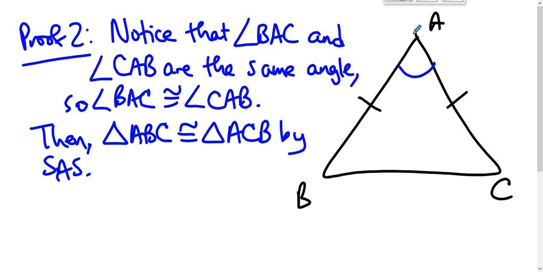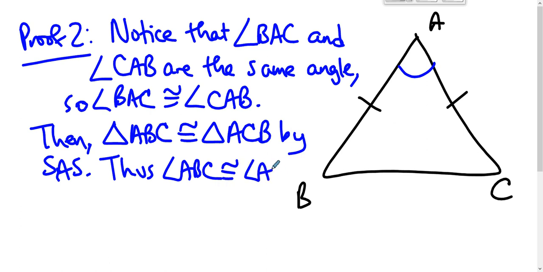Left side angle right side congruent to right side angle left side. In other words, if we picked this triangle up and put it down on top of this triangle, the A would match up with the A, the B would match up with the C, the C would match up with the B. Thus, angle ABC is congruent to angle ACB by correspondence.